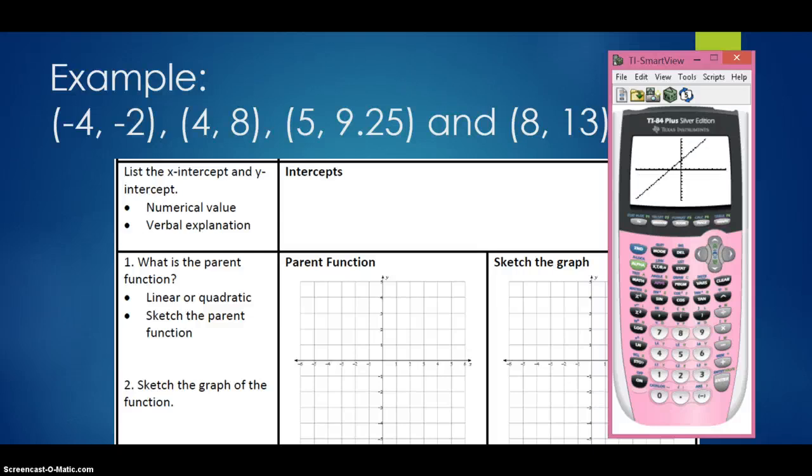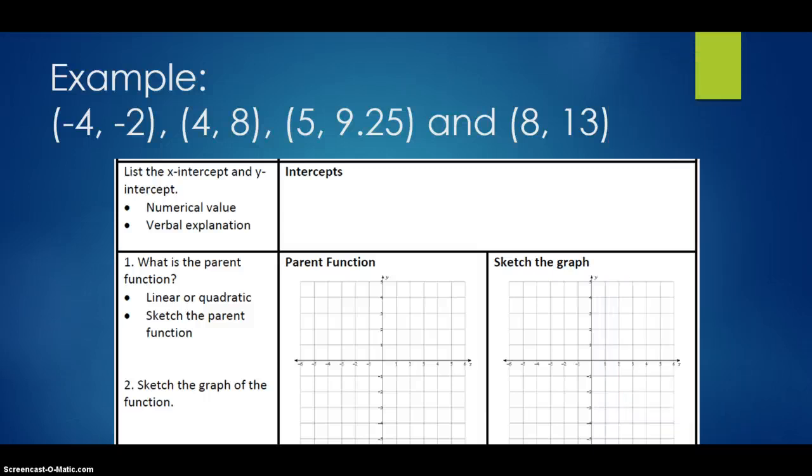Well, it's a straight line. So I know if it's a straight line that the parent function is linear. And the parent function of linear goes through 0, 0, and it has a slope of 1. Which means it rises 1, goes right 1, or it goes down 1 and left 1.